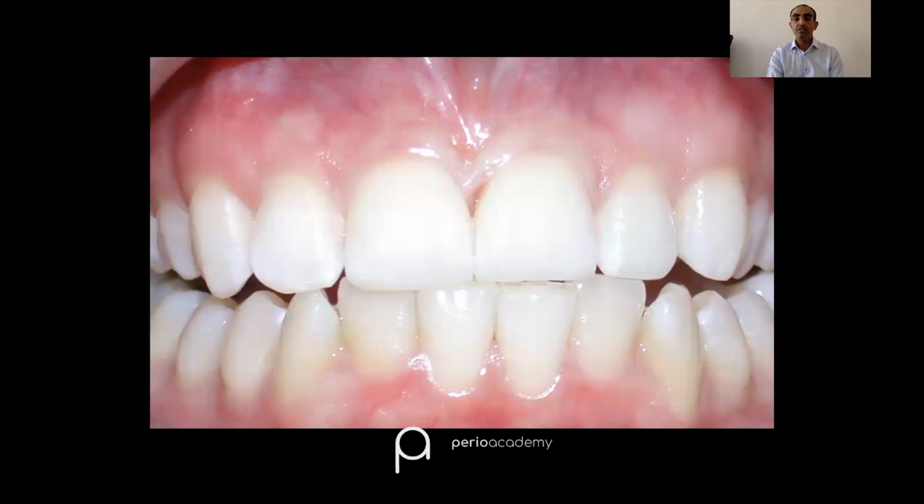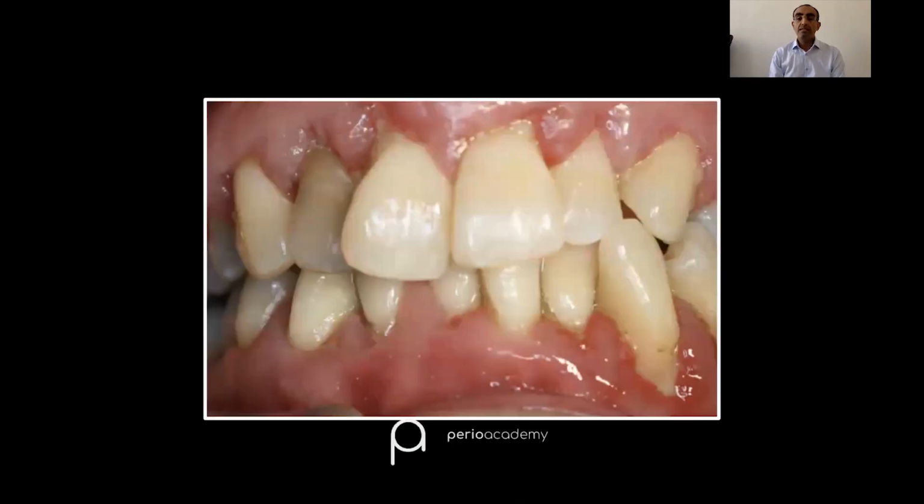Now, in an ideal scenario, you can see the situation where the gum tissues are nice and healthy, looking nice and pink, and that's your perfect gum condition. We come on to a stage where, unfortunately, that may develop into something a bit more advanced, and this is your gum disease, what we call periodontitis.